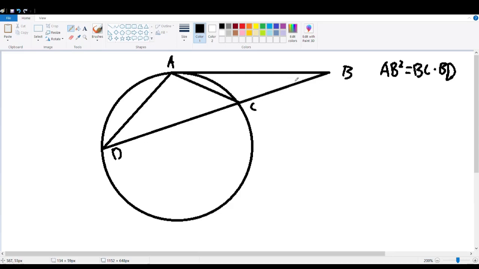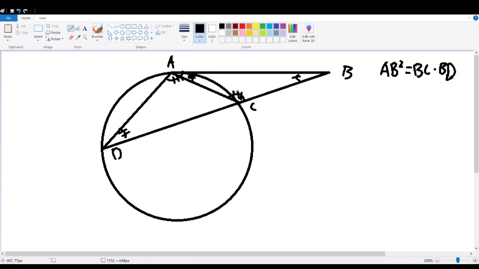We can see now that triangle ABC shares a common angle B with ADB. And since there's a line here, this angle will also be congruent to this angle, and this angle here would be congruent to this angle.